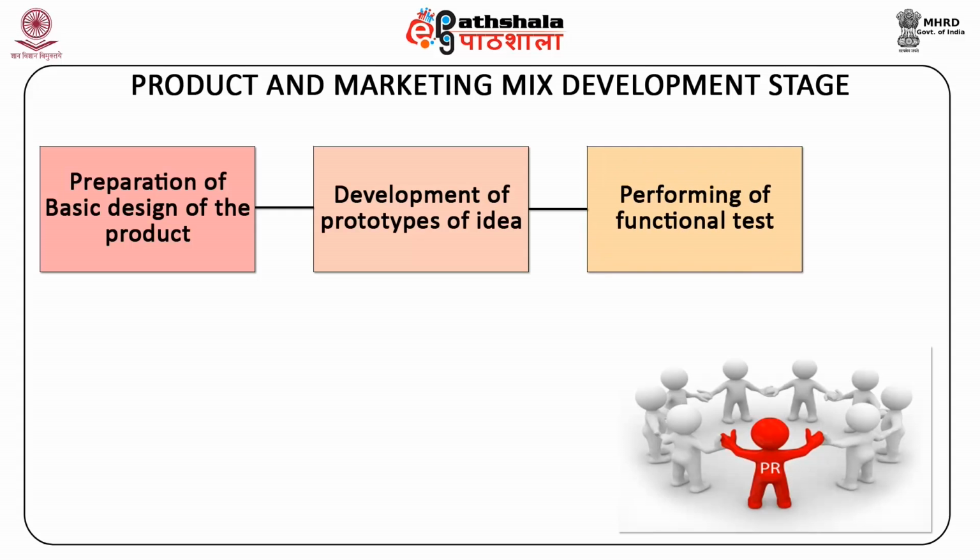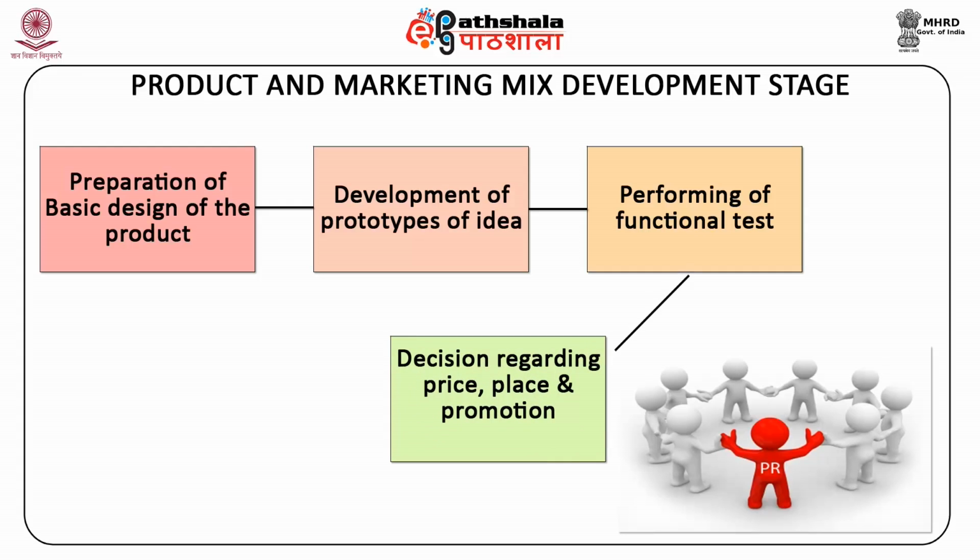Lots of functional tests are performed on these prototypes under laboratory or field conditions to check their performance levels and safety standards. Decisions regarding the other three P's, namely price, place, and promotion, are also taken at this stage.